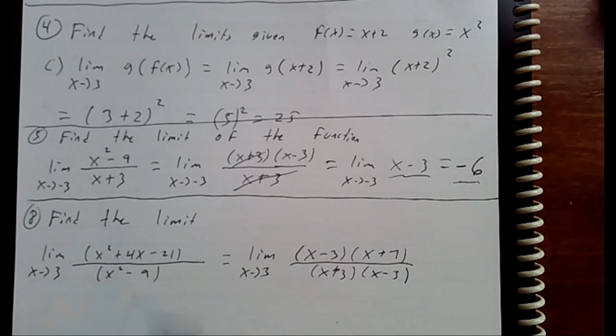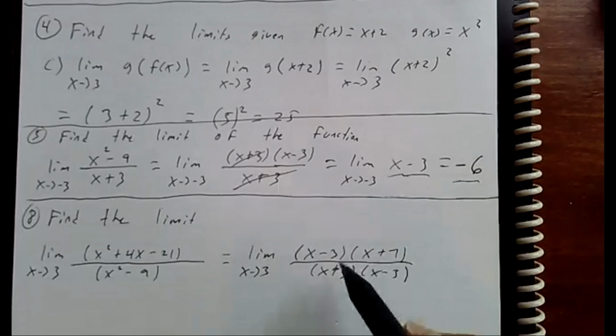And down here is a difference of squares. That's just a formula. So when you see other examples, just remember difference of squares, sum of cubes, difference of cubes. Those are the 3 that you're going to see more than likely. Anyway, so these cancel, right?